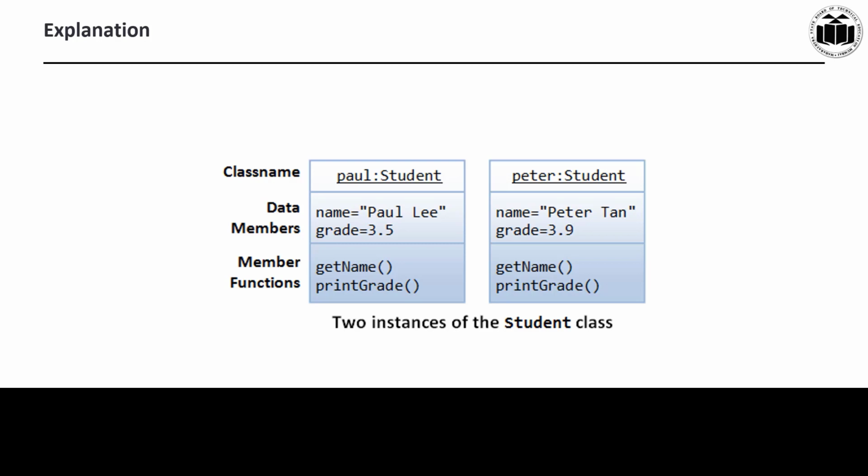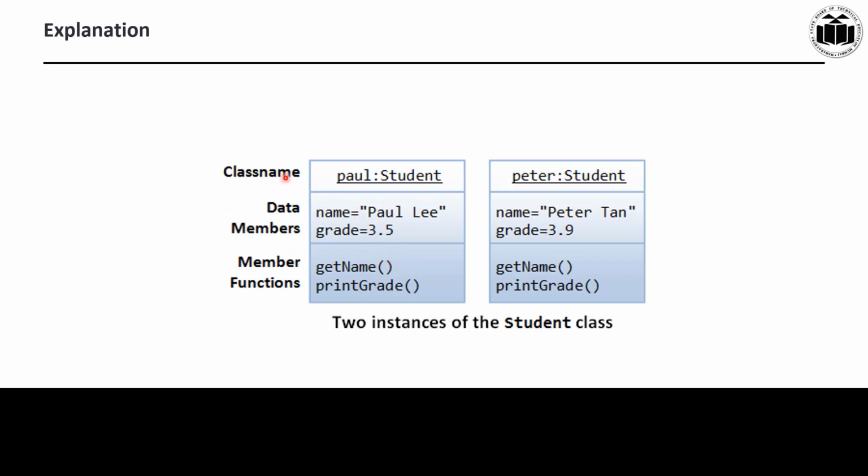Now the example is class student, and object names are Paul and Peter. What data members will be there? Data members are nothing but the properties or attributes or characteristics of class student. So what characteristics can class student have? Class student can have name as well as grade.